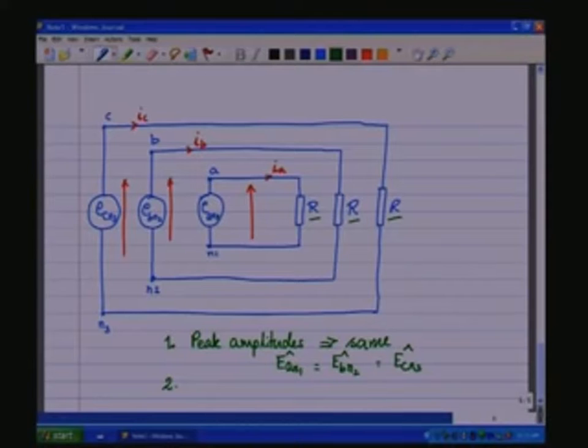Each of the sources have a phase shift with respect to the other of 120 degrees. Each of these sinusoidal sources has a phase shift of 120 degrees with respect to each other. That is the second and the most important constraint that we are going to apply.